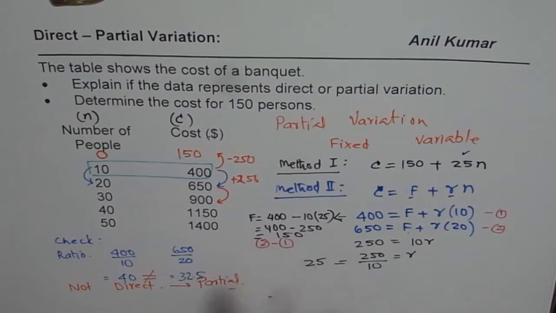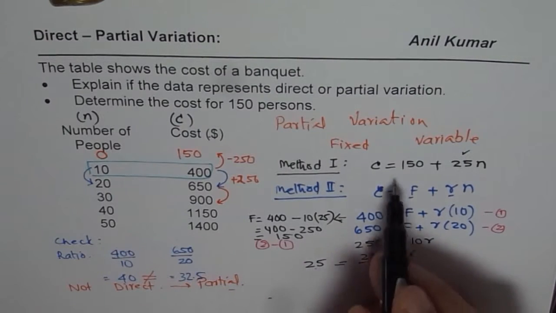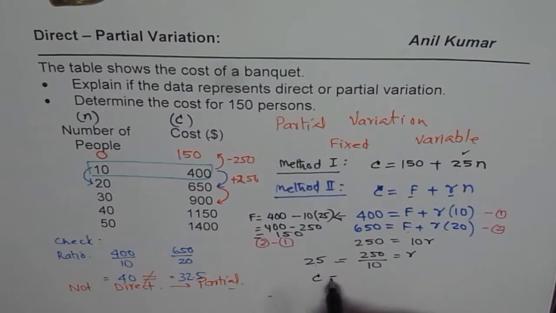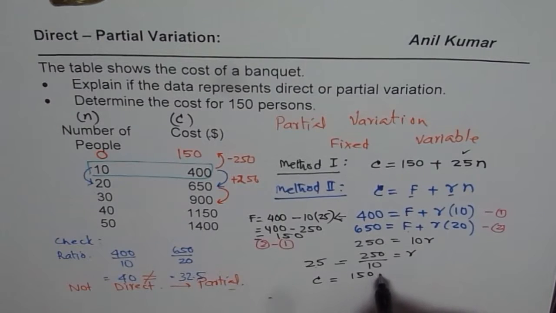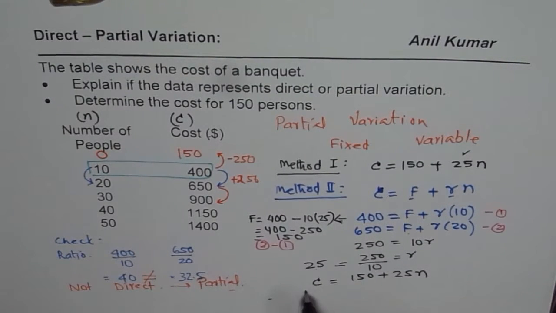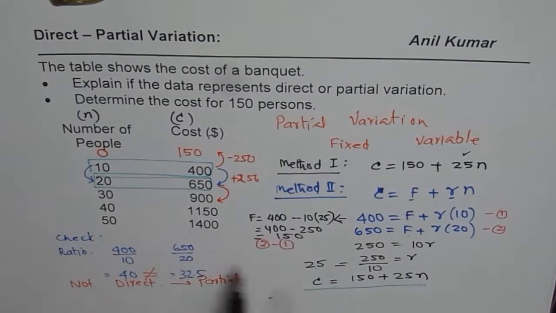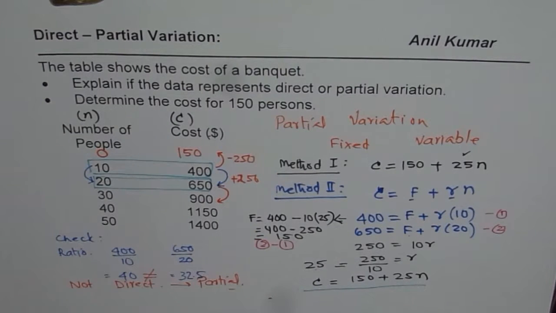So we get F as 150. Since we know F is 150 and R is 25, we can write the equation C equals 150 plus 25n. That is how you could get the equation using two sets of points from the data for partial variation.